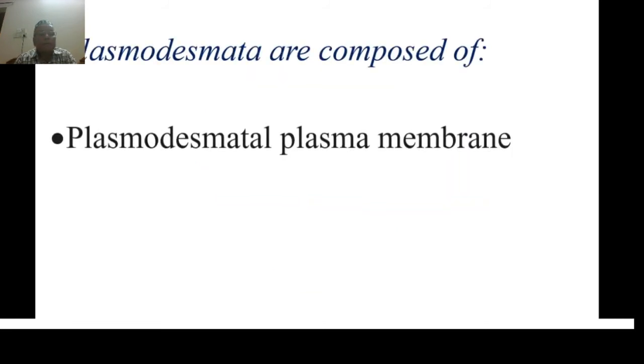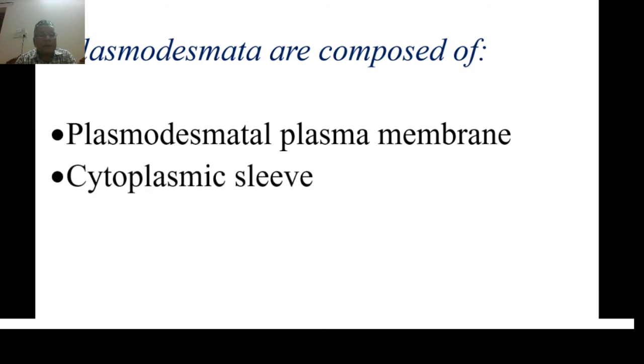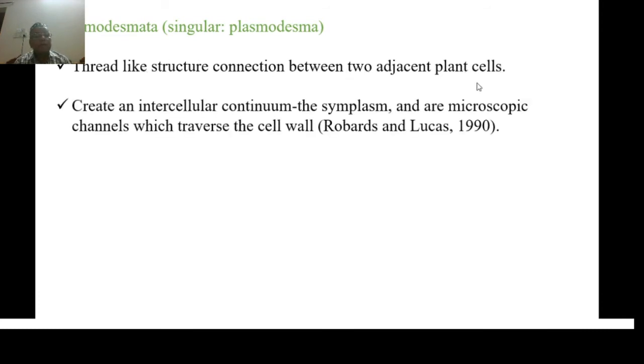So the components of plasmodesmata are the plasma membrane, cytoplasmic strip, and desmotubule. These are 3 components. Characteristics or function of plasmodesmata: a thread-like structure, connection between two adjacent plant cells, creating an intercellular continuum.